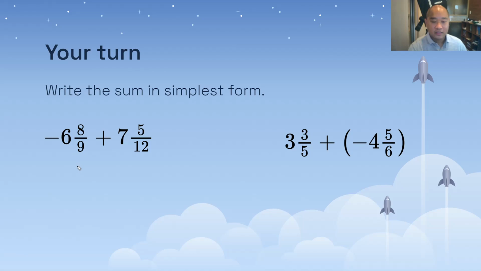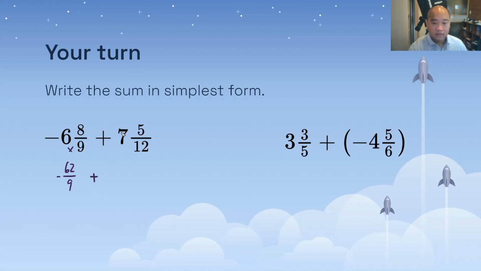Here we have 6 times 9. That's, what is that? 54. 54 plus 8 is 62, right? Am I right here? 62 over 9. It's going to be a negative. I'm going to get rid of that just to clean things up over here.